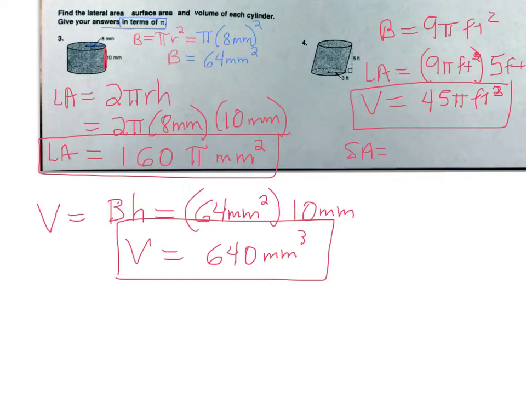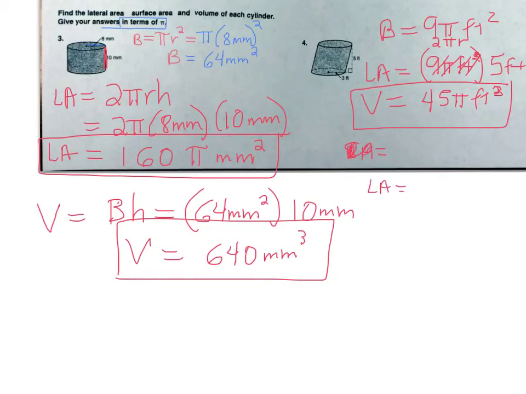I made a mistake on the lateral area, guys. The lateral area is supposed to be 2 pi r times h. So for the lateral area, let me just write it here.